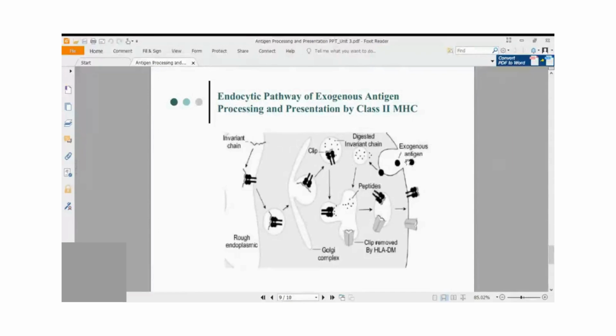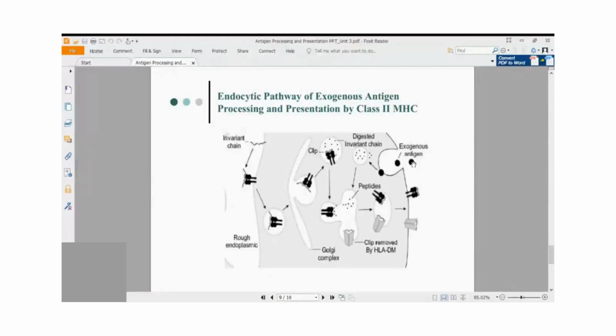Now, this exogenous antigen, as I mentioned, could be of plant origin or animal origin, or tissue origin of another individual. When a tissue or organ is donated or a tissue graft is carried out in a person, the antigens of the other person will be different from the antigens of the person receiving the graft.